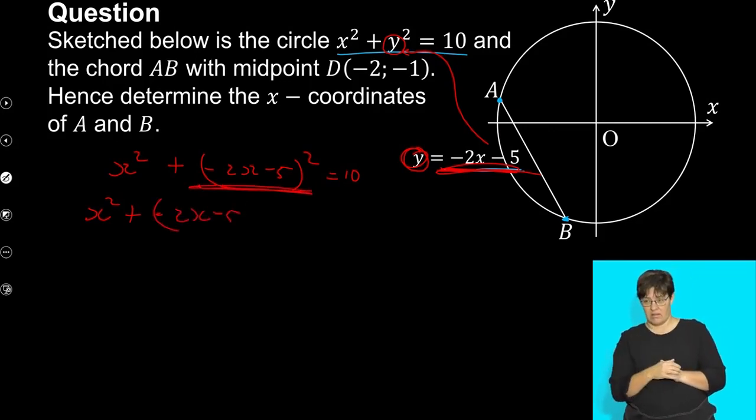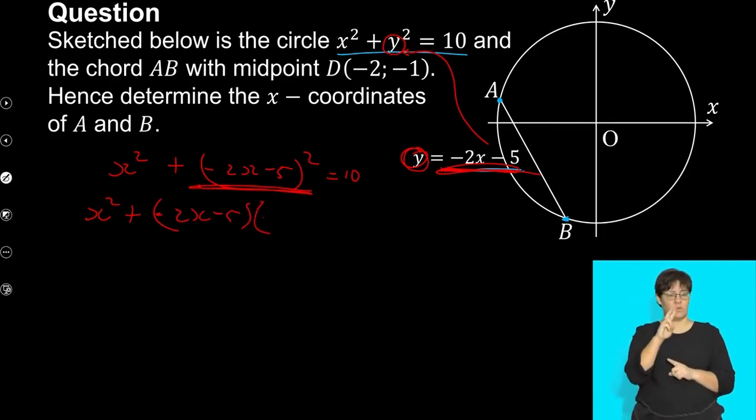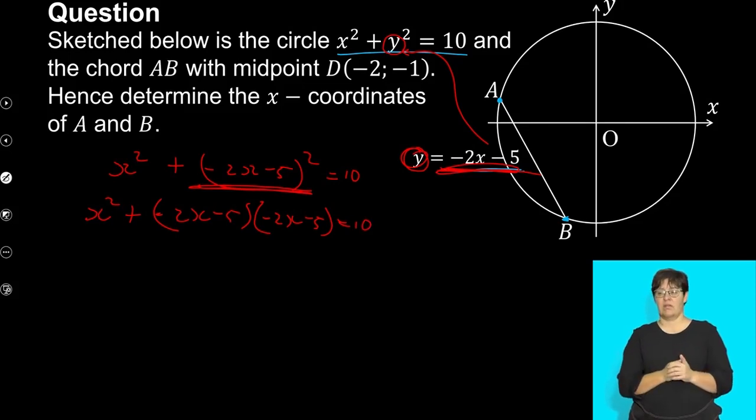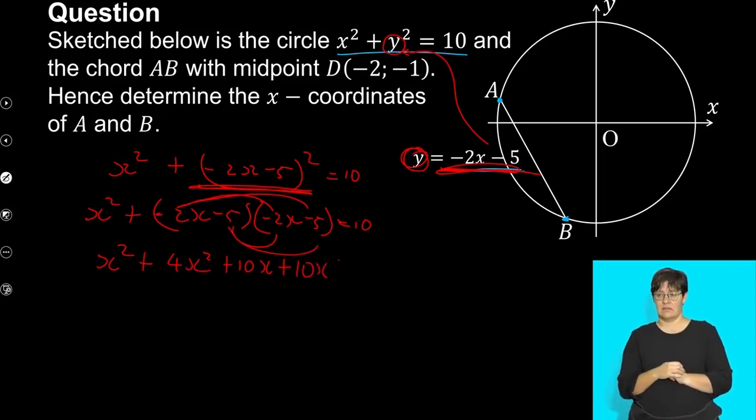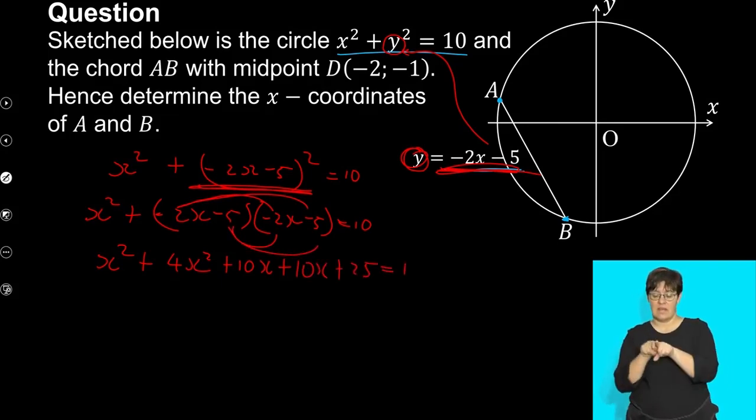So this is not 4x squared plus 25. I write it out twice, and then I do the distribution of multiplication, which we've called FOIL in the past. I'm going to get x squared plus 4x squared plus 10x plus 10x plus 25 is equal to 10.